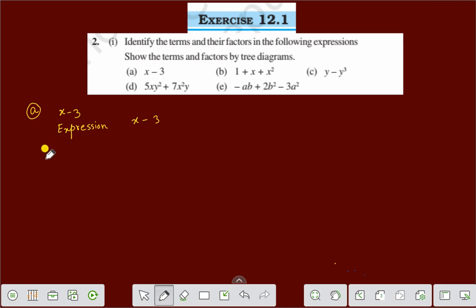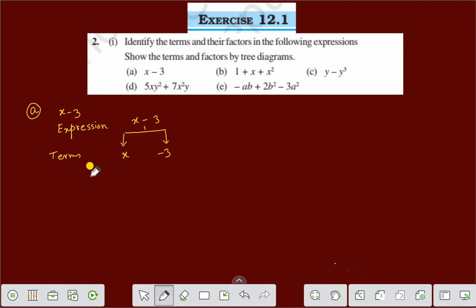Now here the various terms you can write by tree diagram in this way. These are the various terms. Here you see one term is x and another term is minus 3.